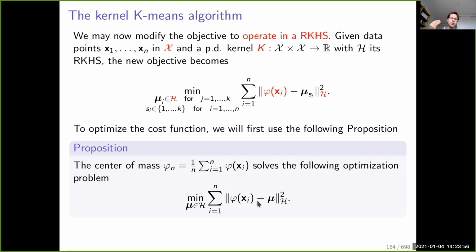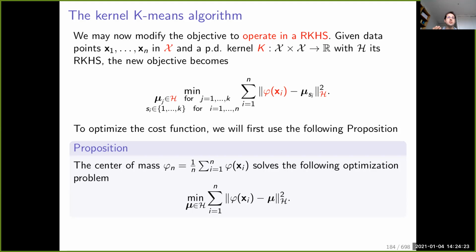Now, when we consider the most general case of an RKHS, we would like to know what is the solution of an optimization problem of this form, where we want to find a centroid mu that will minimize the squared distances to some data points. So here, to simplify, I consider all of the data points. Of course, we are going to consider subsets in a few slides.